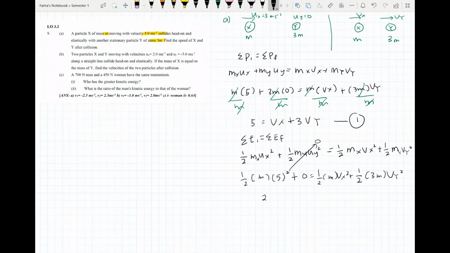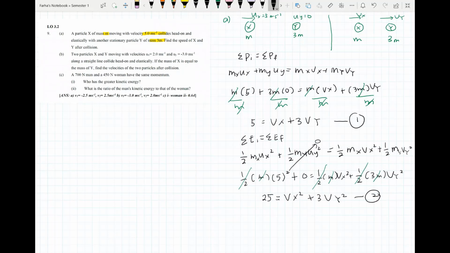Half kita boleh cancel out, so tinggal ialah 25. M also we can cancel out. So 25 equals to vx square plus 3vy square. So this one is the second equation.